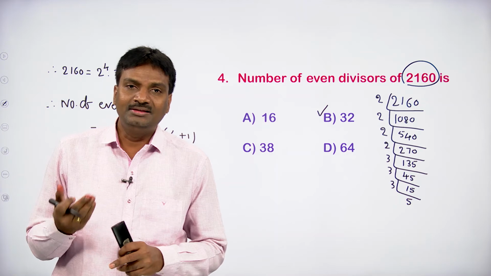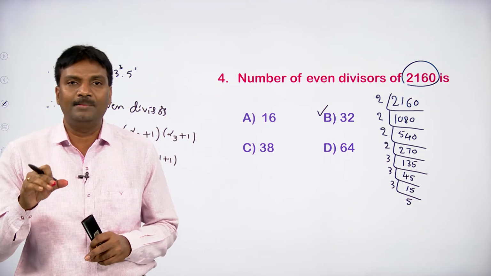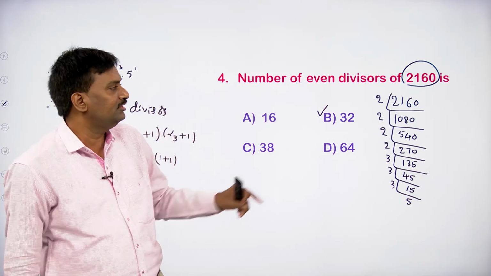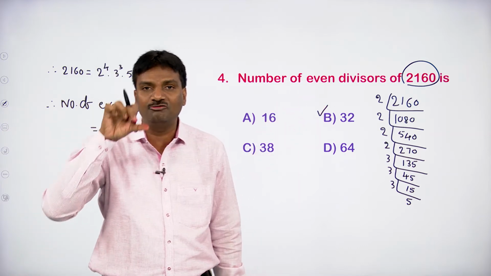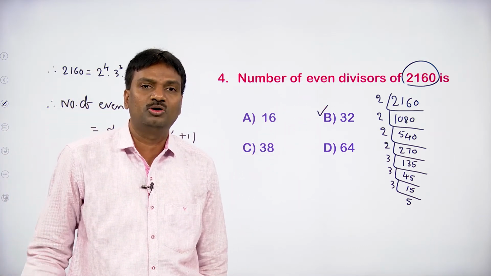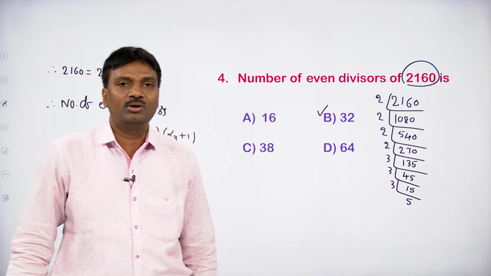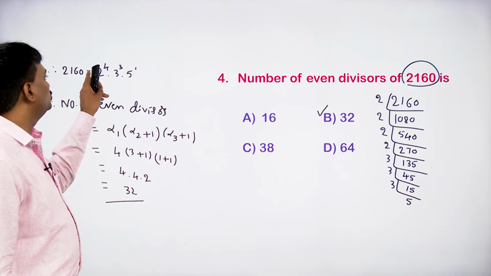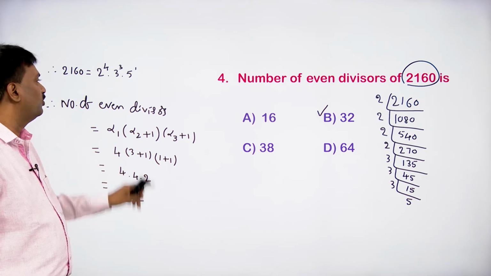To find the number of even divisors, total number of divisors or number of odd divisors, first we have to express the given number as the product of prime numbers in the form of p1 power alpha 1 into p2 power alpha 2 and so on up to pk power alpha k. According to that we can express 2160 as 2 power 4 into 3 cube into 5 power 1.